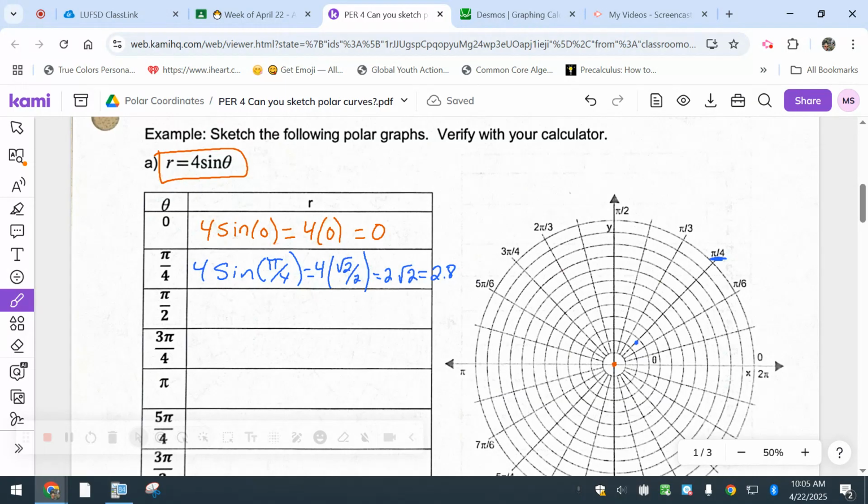So you're going to now go to your pi over 2. So 4 sine of pi over 2. And this would be the work that you would show. You're just substituting it in. If you want to practice using your calculator, you could do that, but you have your chart. So the sine of pi over 2 is equivalent to what number? 1, right?